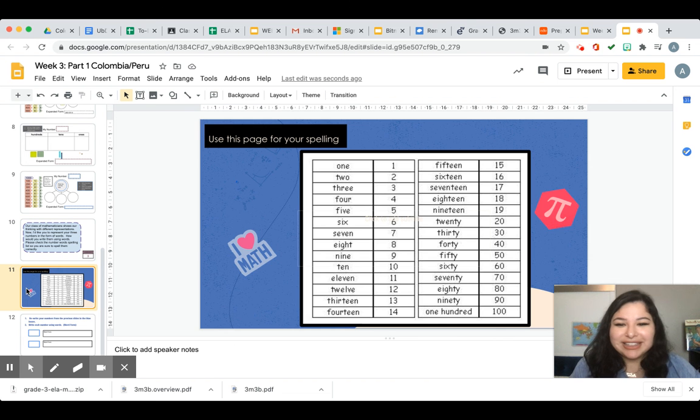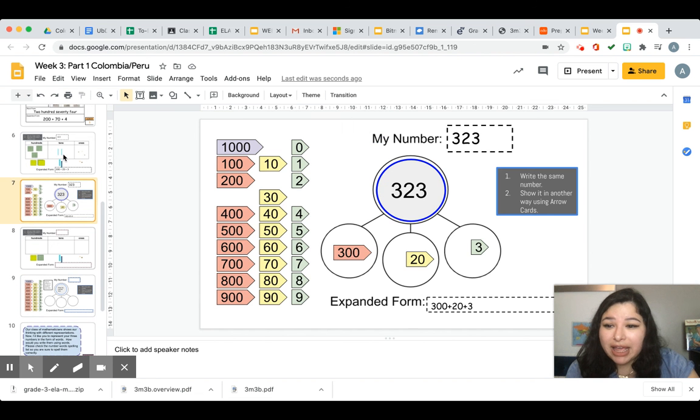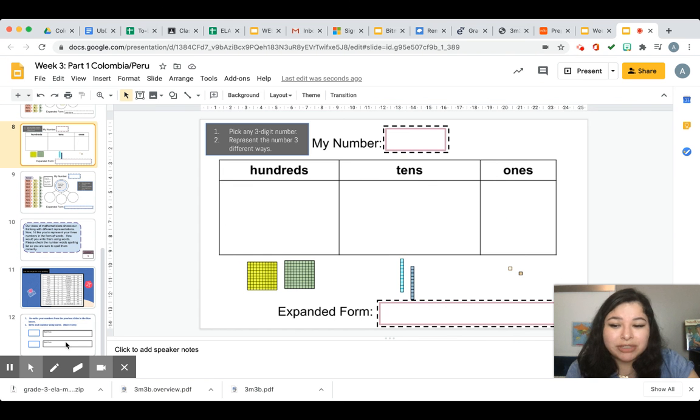All right. Now, as you can see on this page, we do have all the numbers written out for you so that you can write your numbers correctly. Now, what you're going to do is write both of your numbers here. The number you used from slide 6 and the number you used from slide 8. Those should be 2 different numbers.